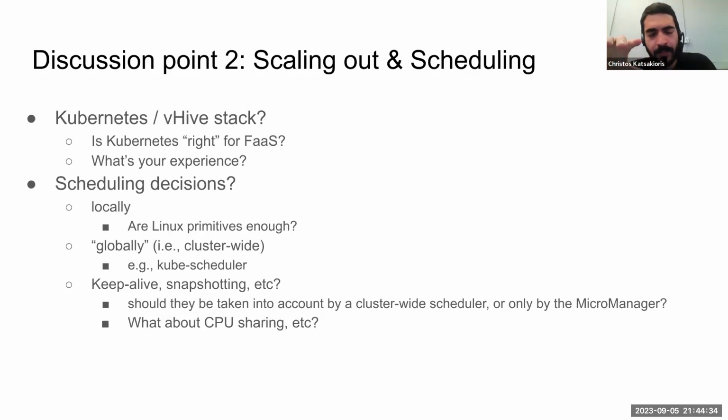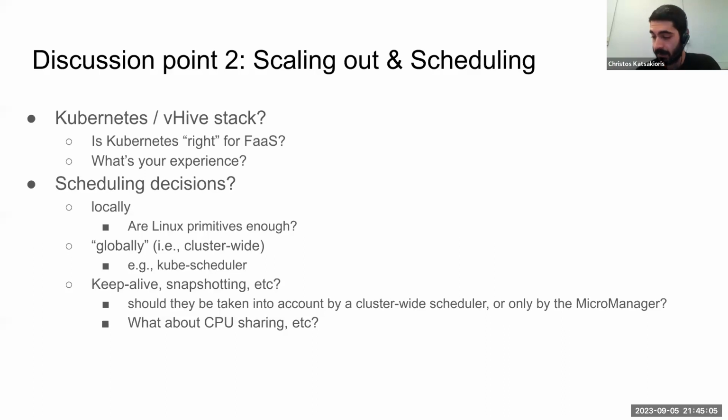However, at the same time, we're not really sure whether Kubernetes is the right step for scaling out. So back in SOSP 23, Lazar Vetkovic gave a great talk with some very interesting points against Kubernetes for function as a service platforms. And we're interested in your opinion.